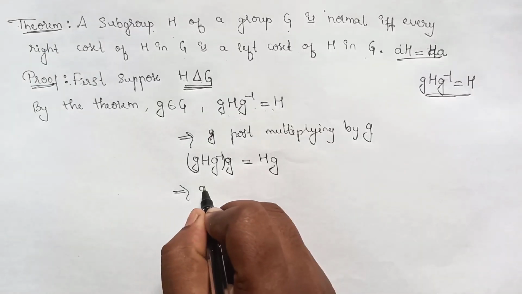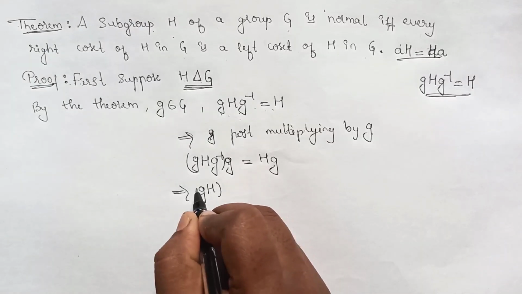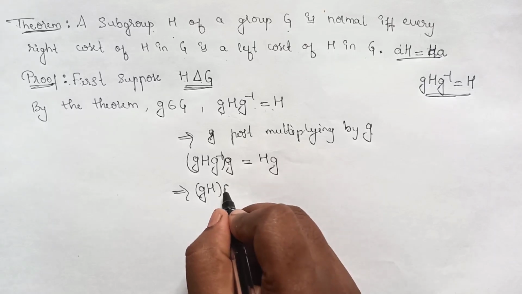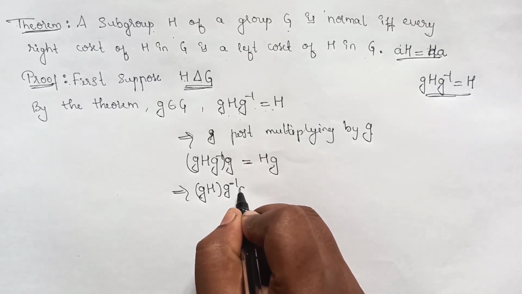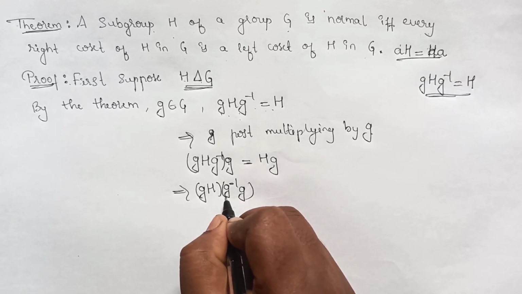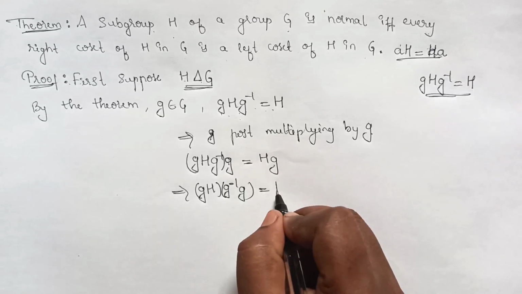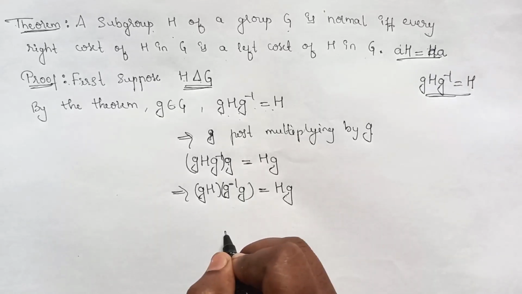It may be written as gH, with g inverse g grouped together, equals Hg.